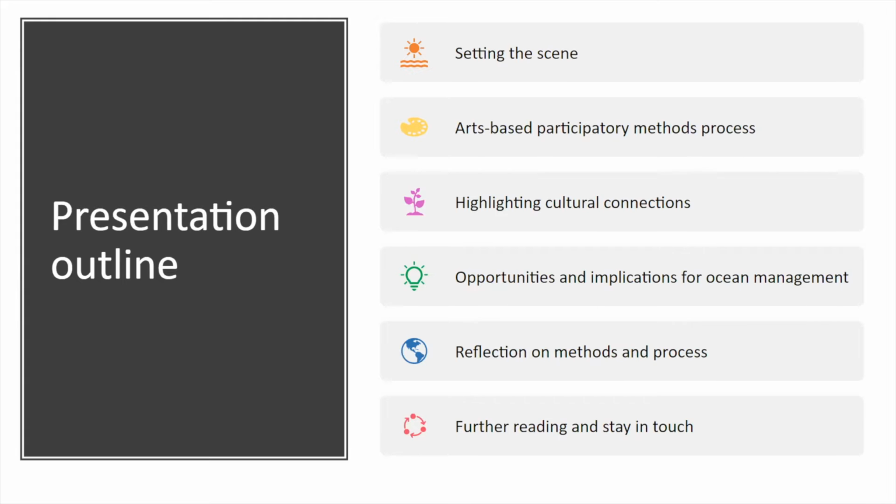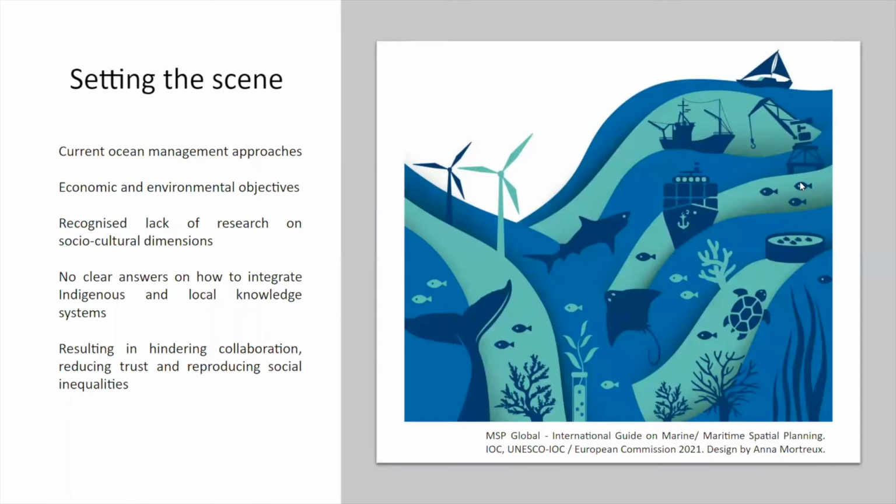And then discuss some of the opportunities and implications that have for ocean management, specifically in South Africa, but also more broadly on a regional scale. I'm then going to reflect a bit about the methods and the processes, and just show some further reading if you're interested.